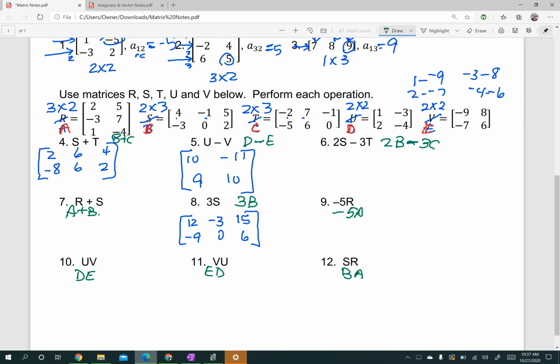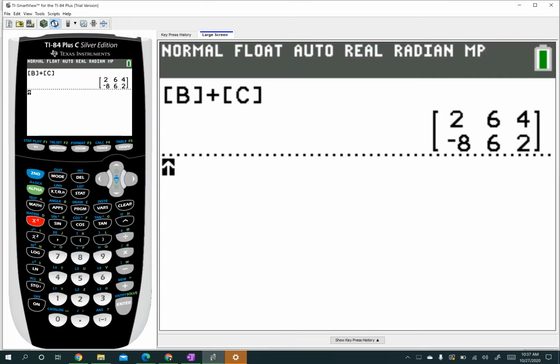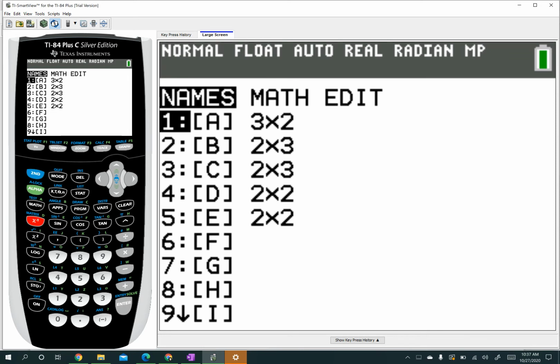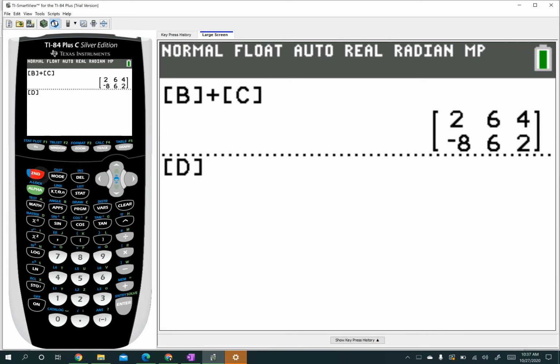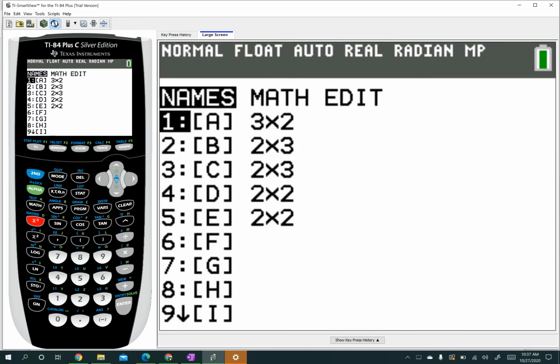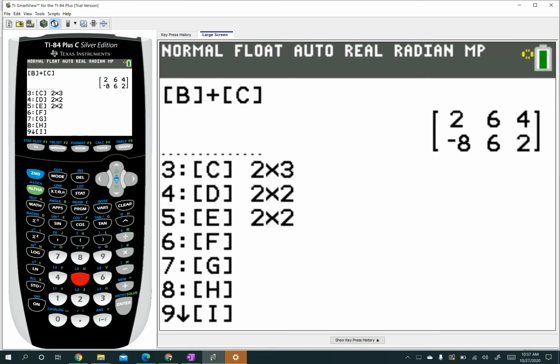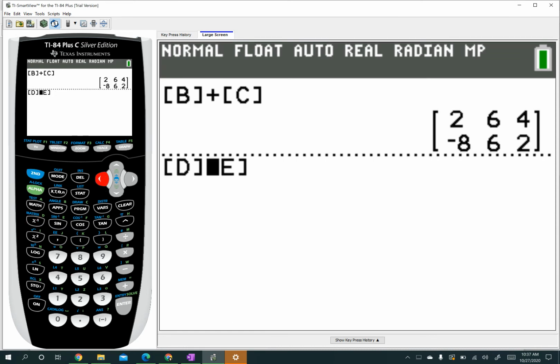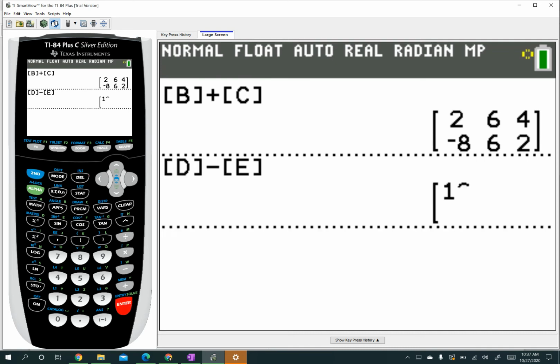To do U minus V, we'd do matrix D minus matrix E. I think it did not do the minus in there, so let's insert the minus button. 10, negative 11, 9, negative 10, which is what we got.